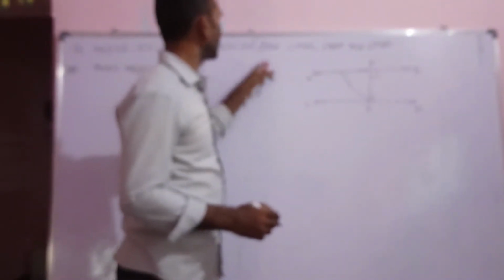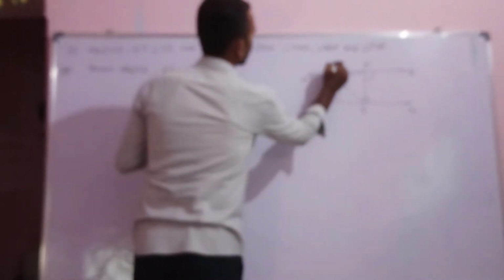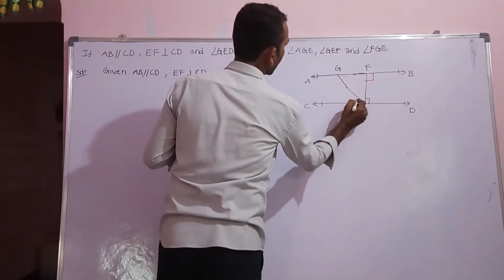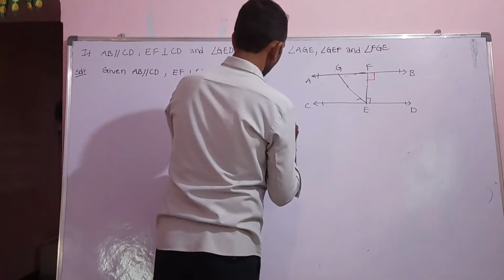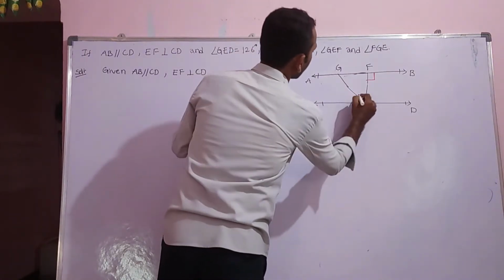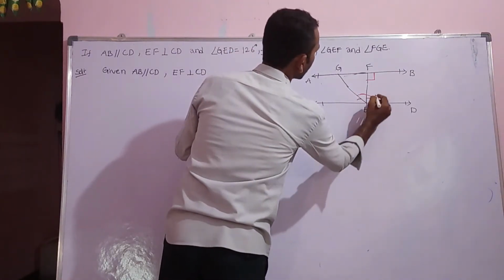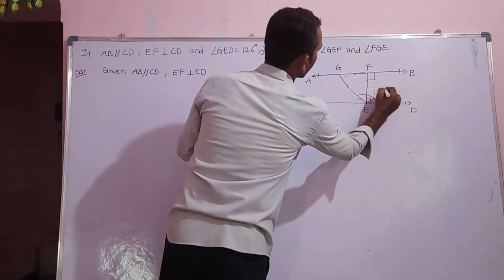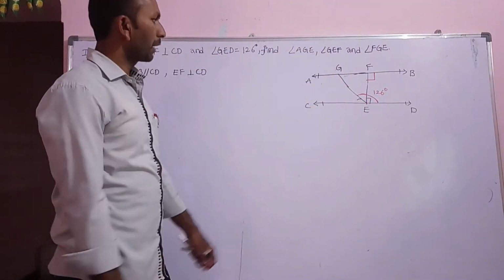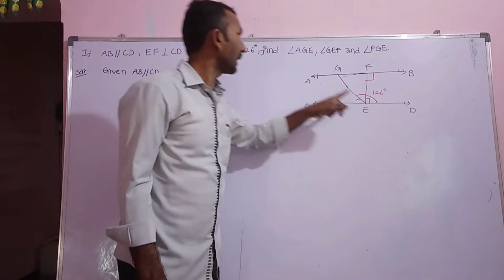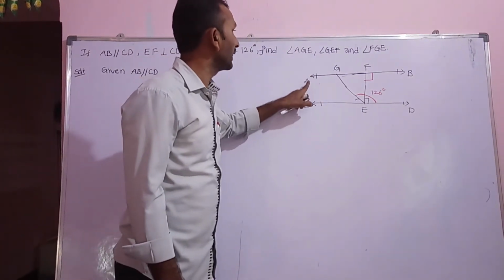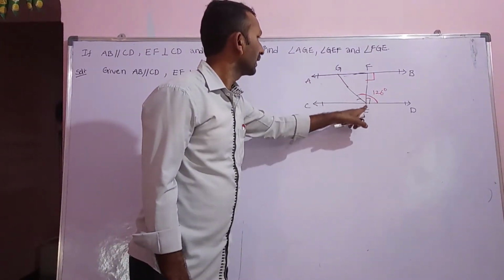What is that? Angle GED, and this is GED. How much is this angle? Angle GED is 126 degrees.